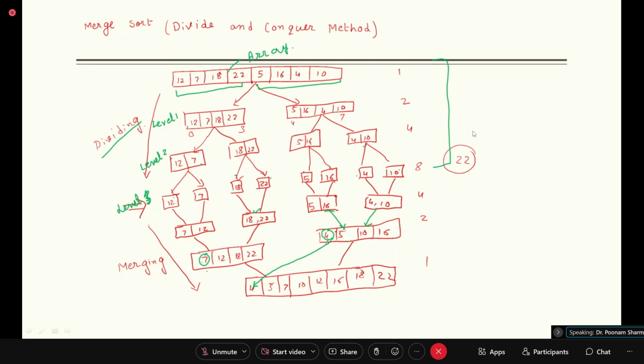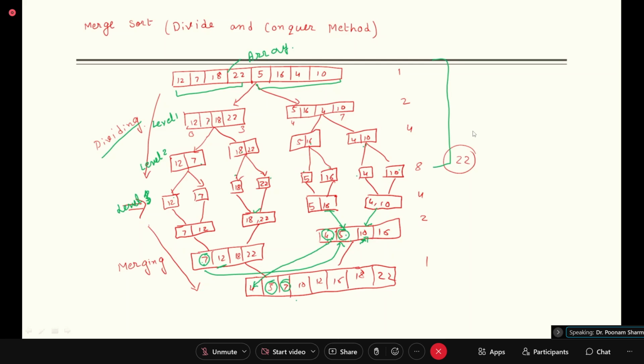Then compare 7 with the next element. 5 is smaller, so 5 will come here. Then compare 7 with the next element here, 10. Okay, 7 is smaller, so 7 will come here. Now compare 10 with the next element here, that is 12. Okay, so 12 will come here, and so on. I hope this thing is clear to everybody.